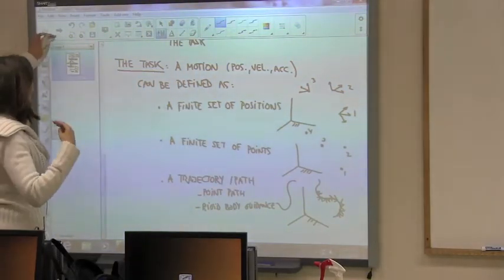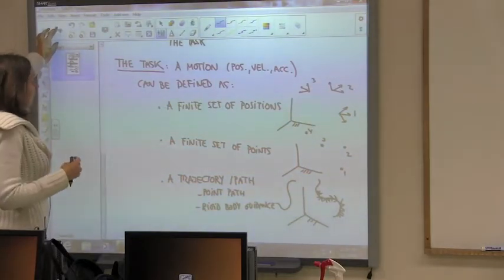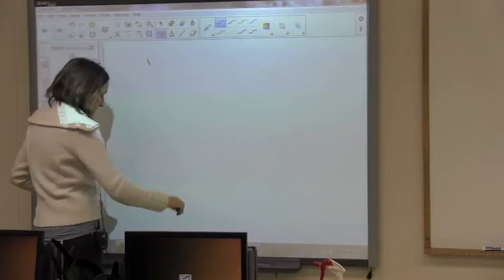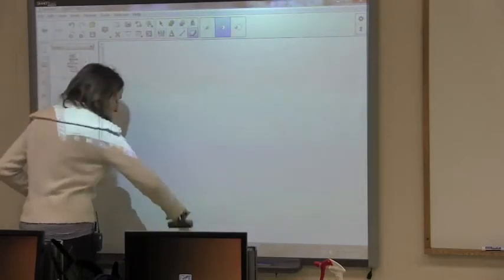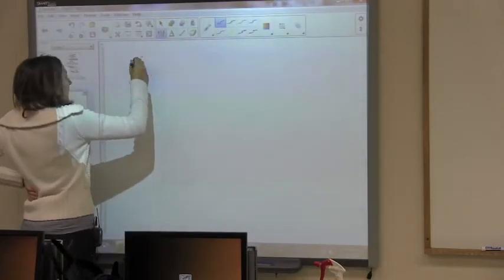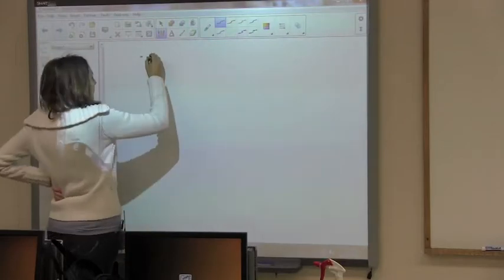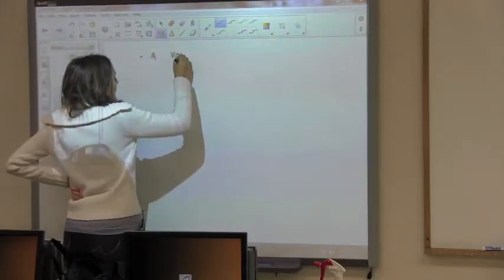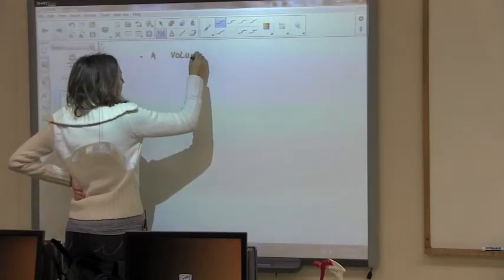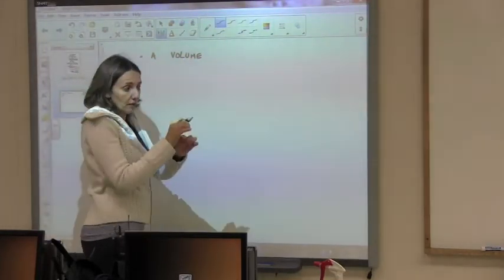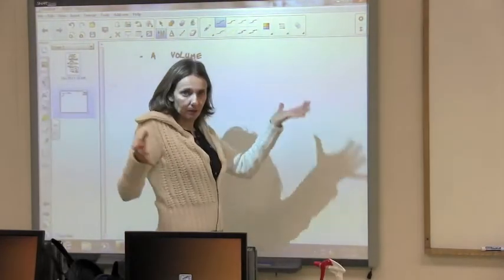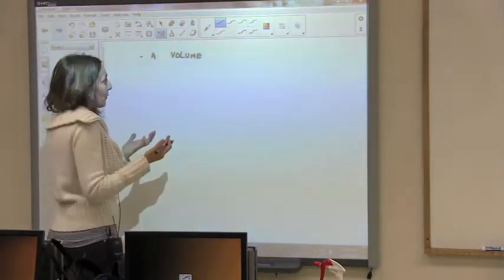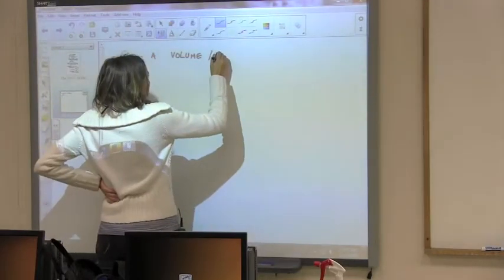And then if we go one more degree of complication, we can define a chunk of space. So we could define a volume. Volume if we are thinking about 3D points, or you can think of a hypervolume if you are thinking of the 6-dimensional space of positions and orientations, right?